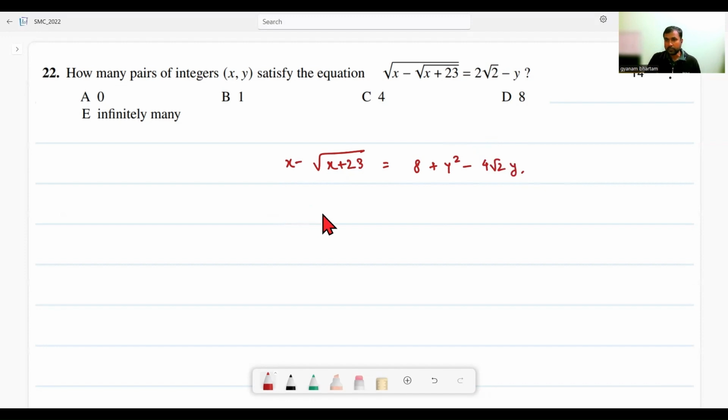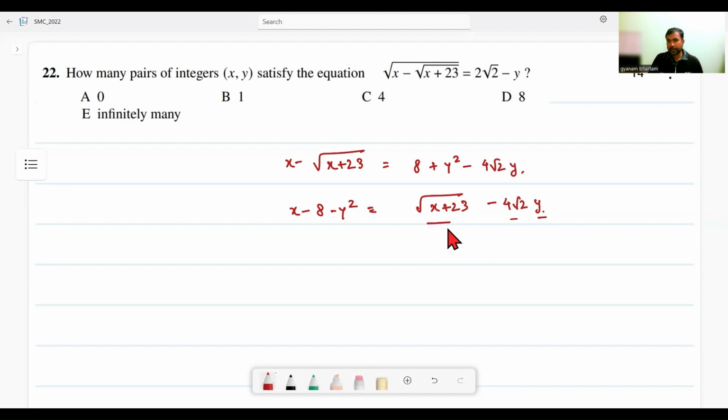Now, what we can do, we can bring all the integer terms to one side and this to the other side. Now this is an integer, this is the root 2 form. This may or may not be an integer, doesn't matter, we don't know that, right?